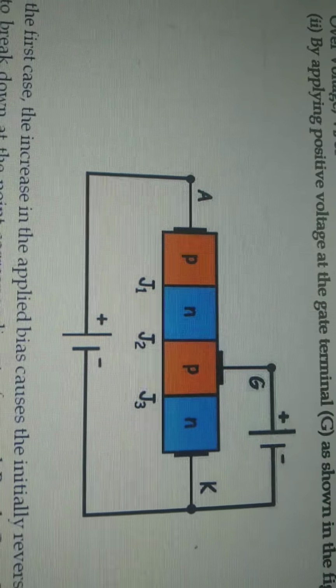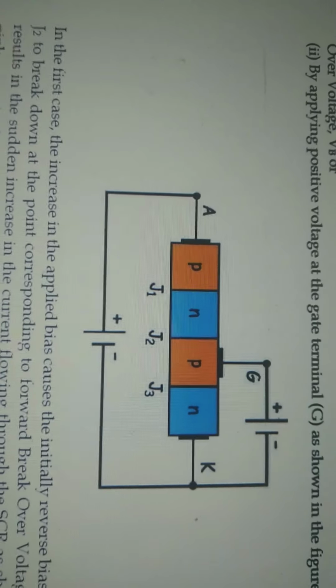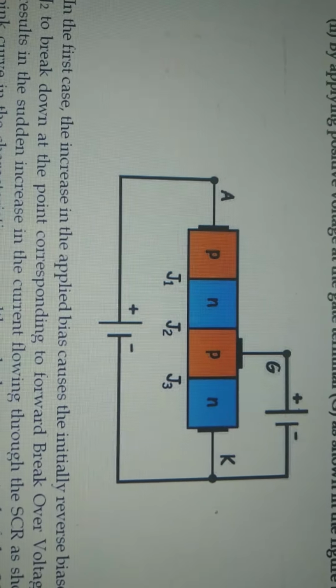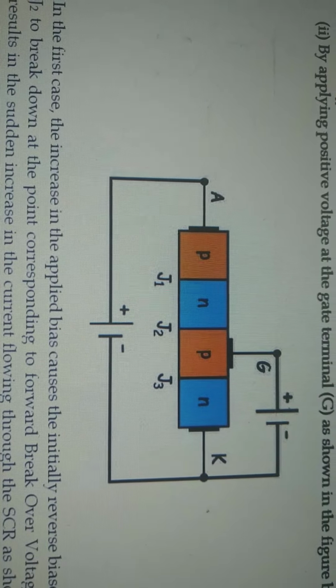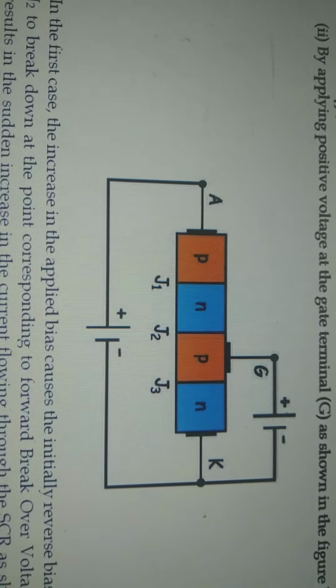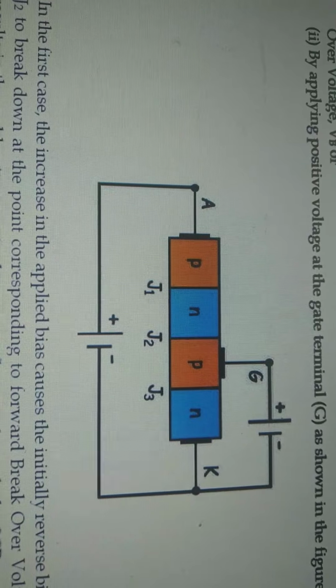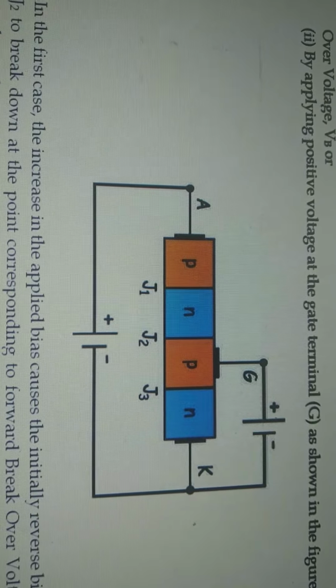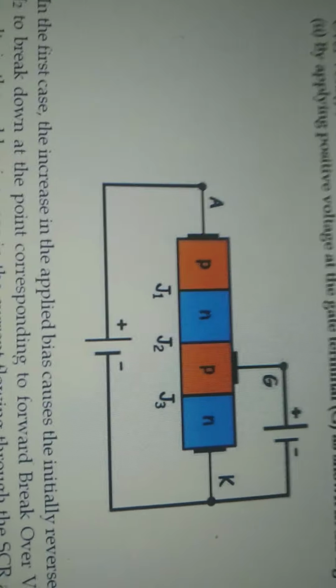Holding current is also associated with the conduction state, but it is the minimum amount of current which is required by the SCR to keep the SCR in conduction state.